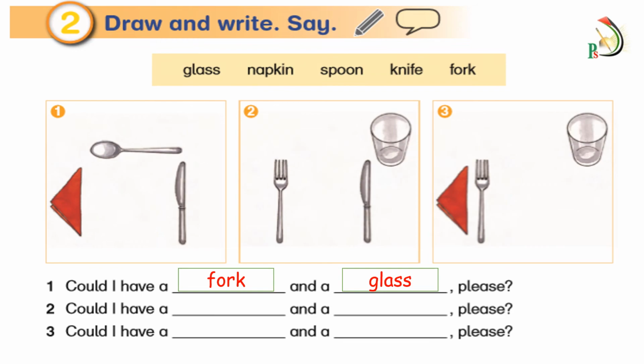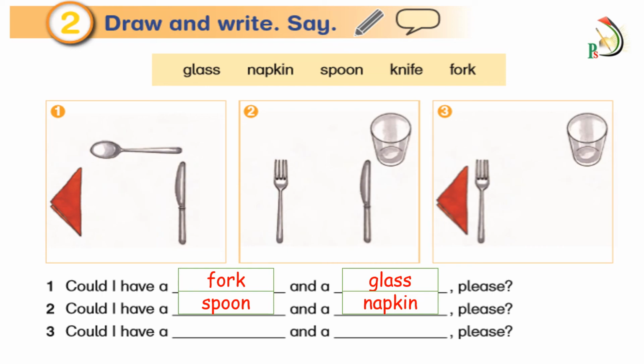Could I have a spoon and a napkin, please? Excellent, because spoon and napkin are the missing things on table number 2. And as I told you, please don't forget to draw the things that are missing on the table. On table number 2, draw the spoon and the napkin.